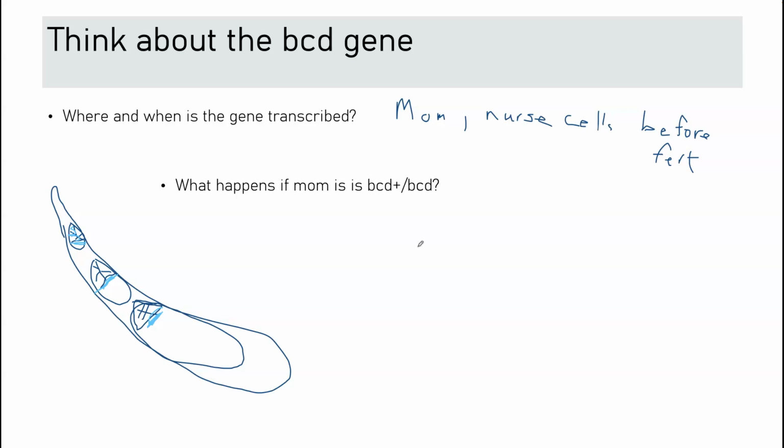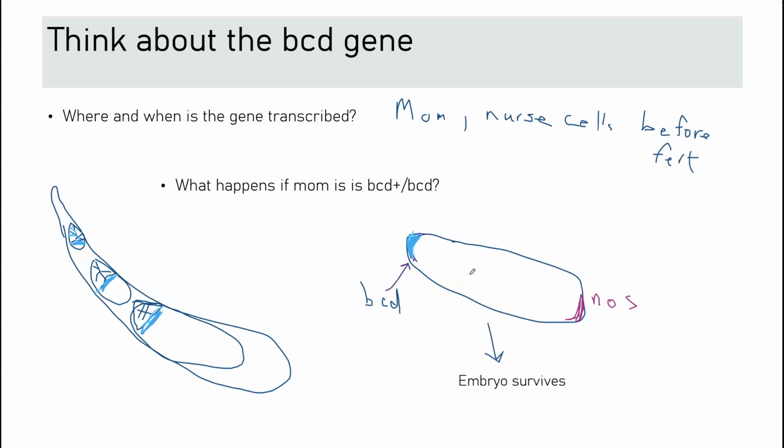Okay, so what happens if mom is wild type for bicoid? Well, in that case, there is bicoid at the anterior end of those oocytes. The eggs are laid, they get fertilized, and now the embryo has the normal bicoid. It's got nanos, it's going to have hunchback and caudal and so on, and the embryo is going to survive, even if it's mutant for bicoid.